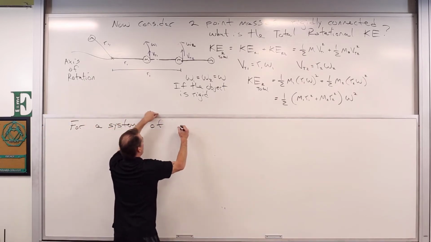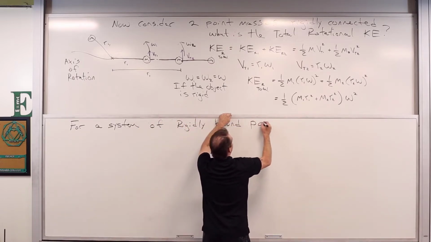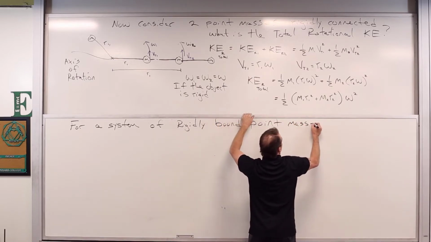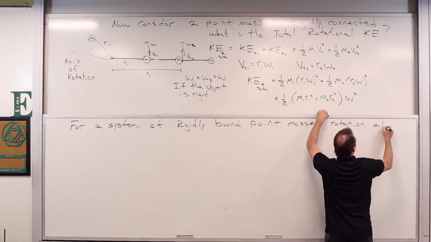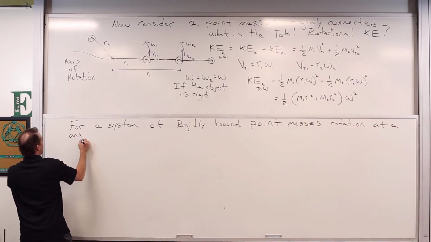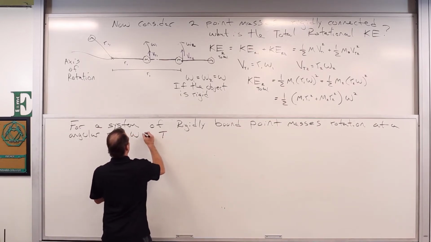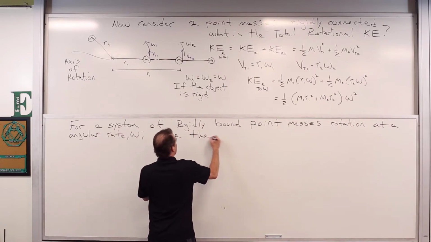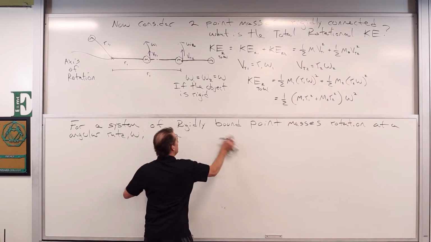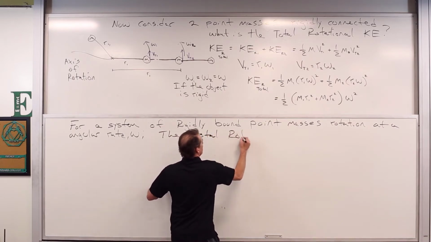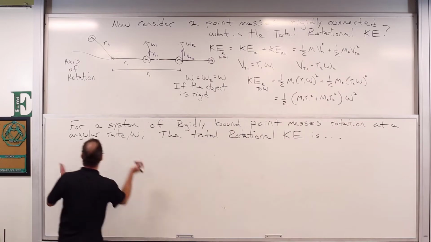For a system of rigidly bound point masses rotated at a rate, or angular rate, omega, total rotational kinetic energy is just one, we can write it like this.